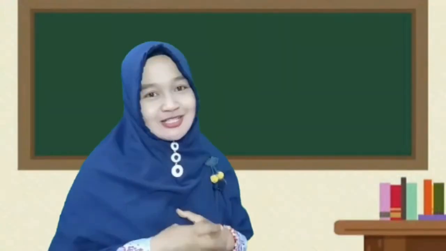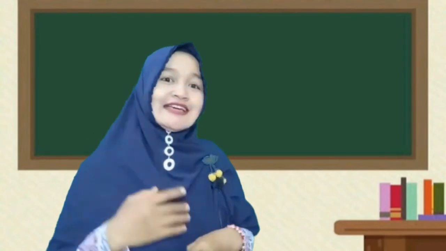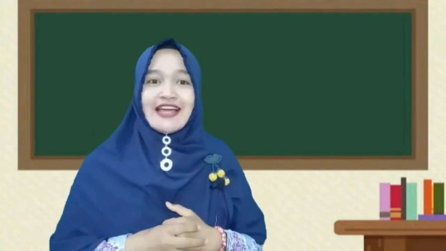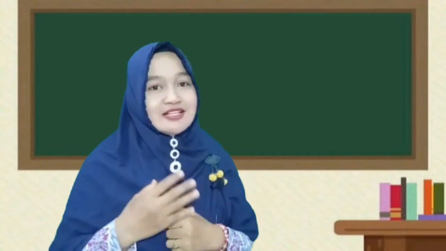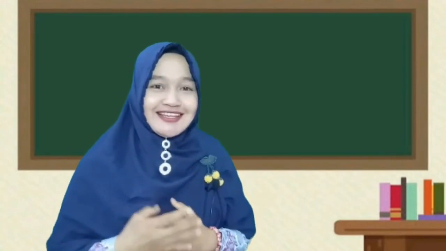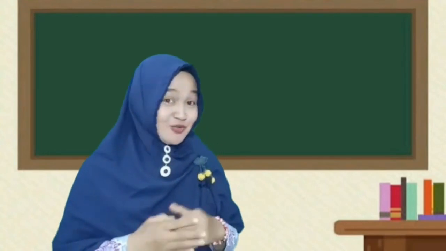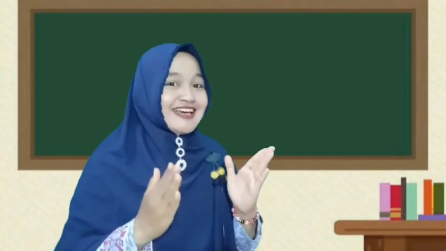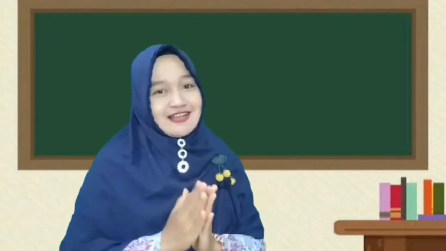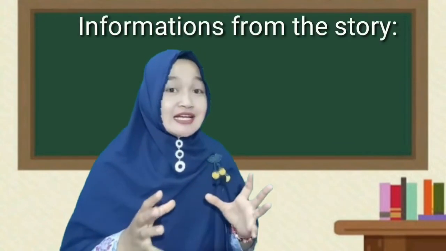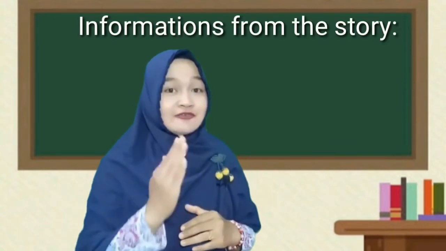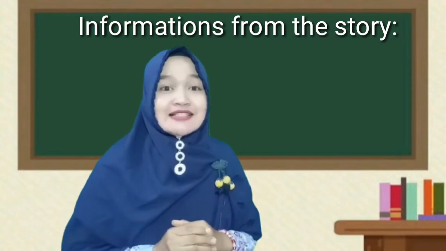Let's continue for the next learning objective, that is finding some informations in the story. Ya, kita lanjutkan untuk tujuan pembelajaran kita selanjutnya, yaitu menemukan beberapa informasi yang ada di dalam cerita. Nah, informasinya itu apa aja? Oke, banyak sekali informasi yang bisa kita cari, yang bisa kita dapatkan di dalam narrative text atau cerita yang kita baca.